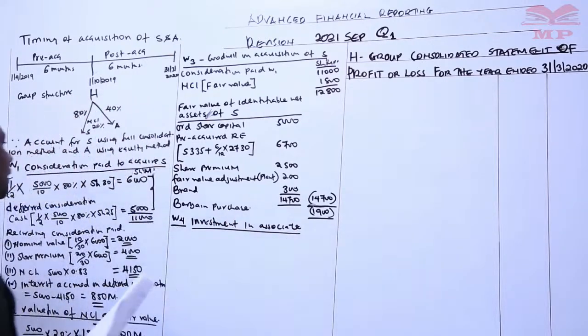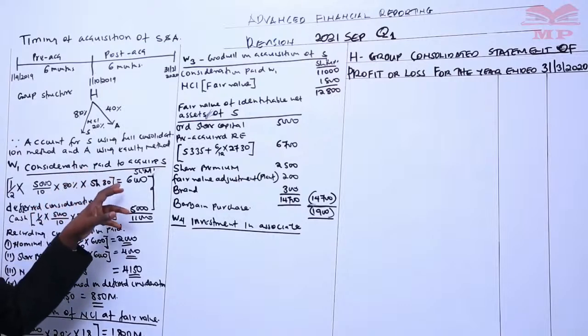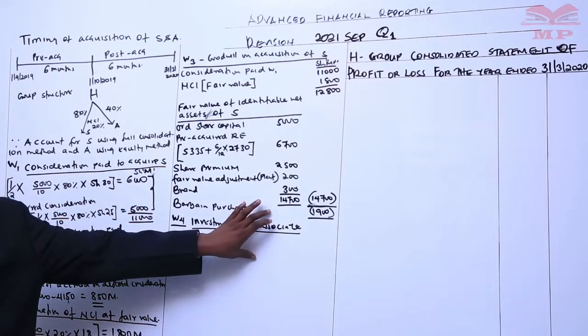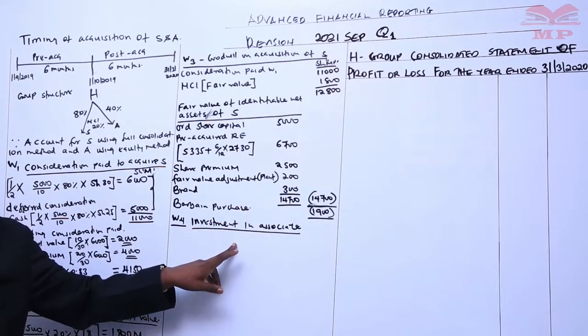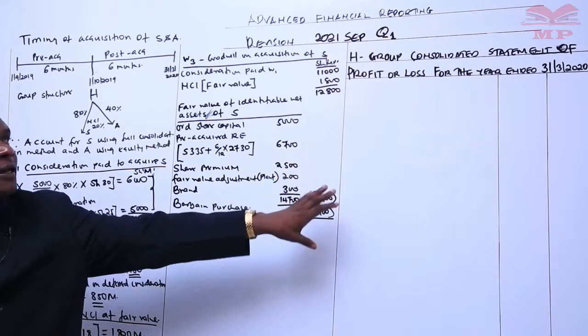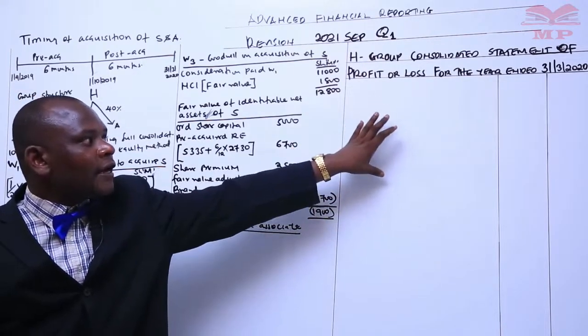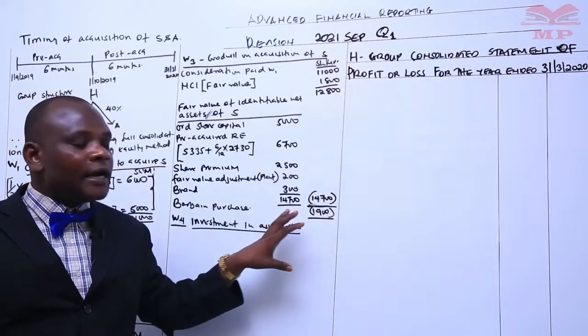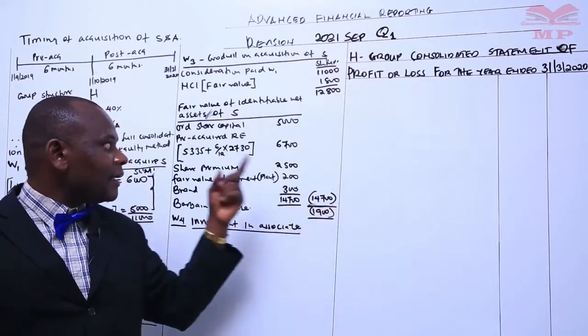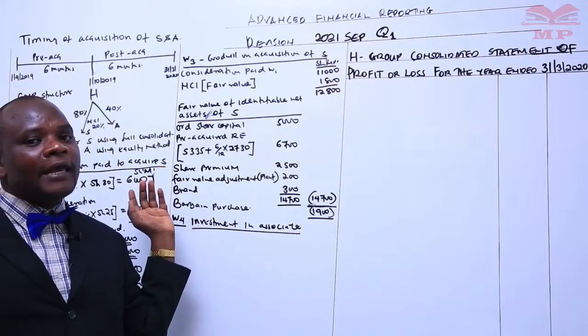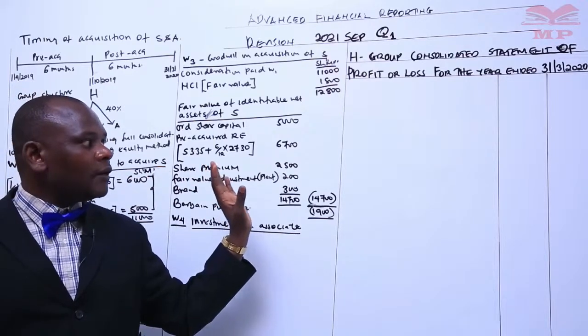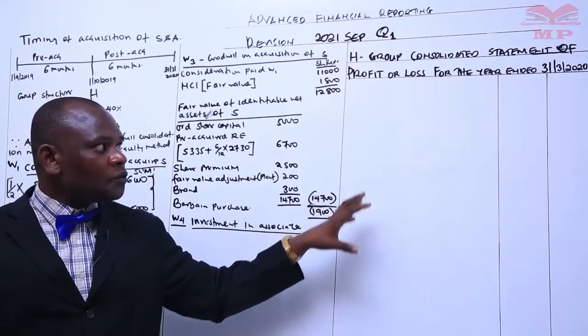Equity method requires us to disclose only the investment that H has in A, and also when determining the consolidated income statement, we look at the profit that H is gaining from A. That is what equity method requires you to do.